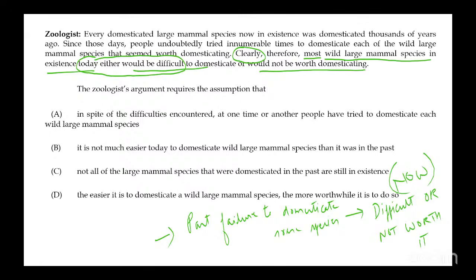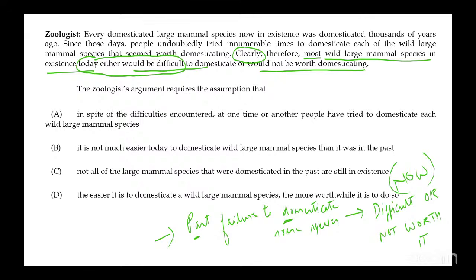Now, what if, in the past it was very difficult to domesticate a wild cat, but now it has become easier, and people are domesticating wild cats? Can I then say that past failure to domesticate a wild cat means it is now difficult or not worth it? Maybe now it's worth it.